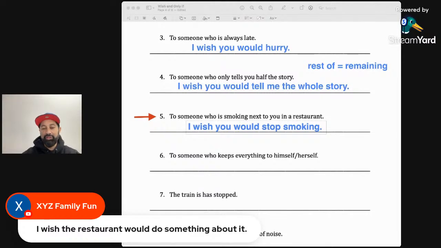Now, I wish you means you're talking directly to that person. But if you're not talking directly to the person, maybe you're talking to your friend, and that person is a guy, you could say, I wish he would stop smoking. All right, who has another answer?